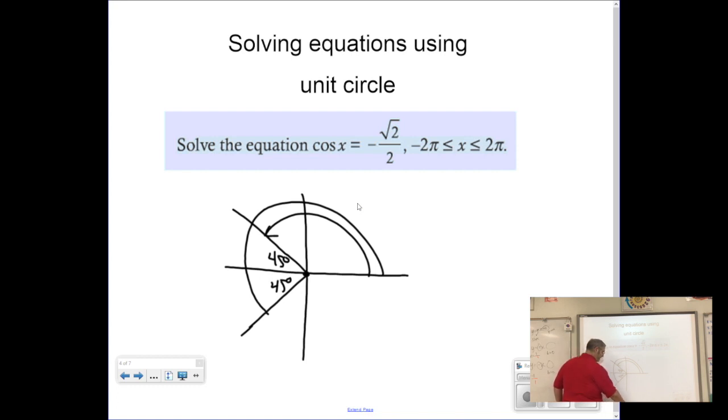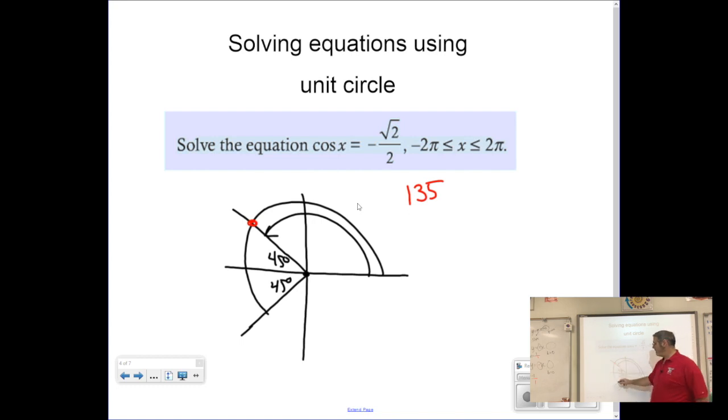So to find x, I need to find what that angle would be. Well, if this is 45, you can say 180 minus 45, or you can say 90 plus 45. So the first angle would be 180 minus 45, which is 135.